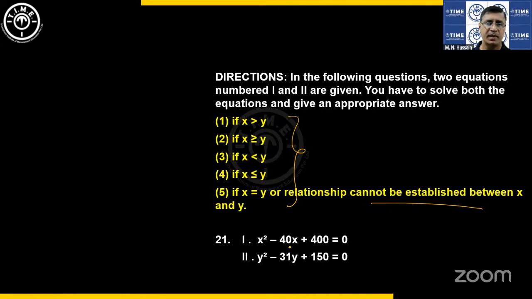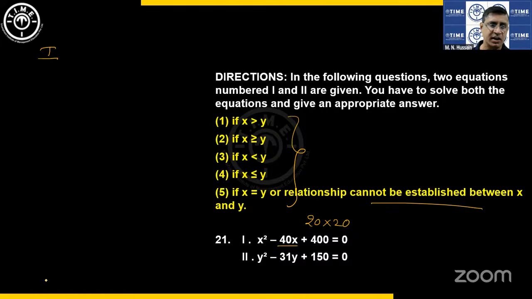Look at the example. x square minus 40x plus 400 is equal to 0. Now let me find the factors for this one. Now 400 is the product and the middle term is 40. So what are the factors? 20 into 20 will give 400. 20 plus 20 is 40, but minus 40 is given. So what to do?